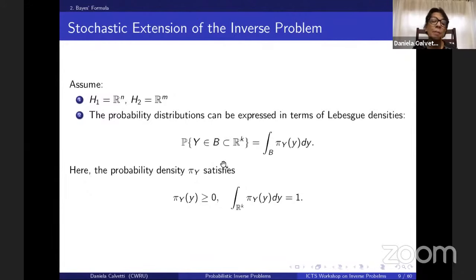So we're going to say that formally the probability that Y is in B, which is a subset of R^k, is going to be the integral over B of π_Y(y) dy, and we're calling this function π_Y the probability density, and it must satisfy two well-known conditions. One is that it cannot be negative, so it's real and greater than or equal to 0, and it integrates to 1.